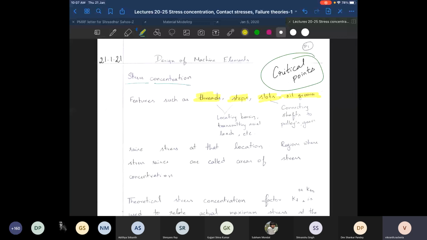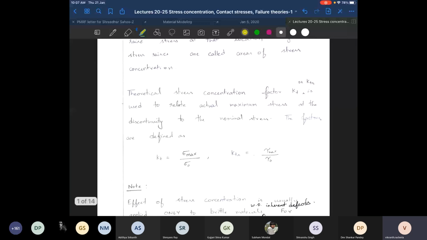Now, broadly speaking, we will be concerning ourselves with two kinds of stress concentration factors: for normal components of stress and for shear components of stress. The static stress concentration factor for normal stress will be denoted as Kt, and the static stress concentration factor for shear stress will be denoted as Kts.